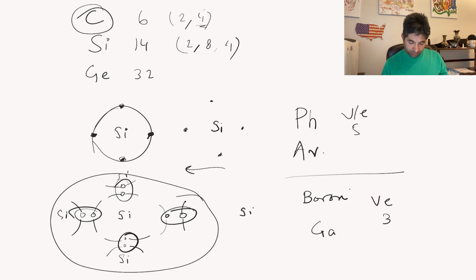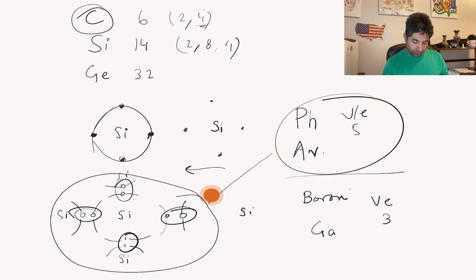So let's look into what happens when we add phosphorus to a silicon lattice or crystal. There are 5 valence electrons.